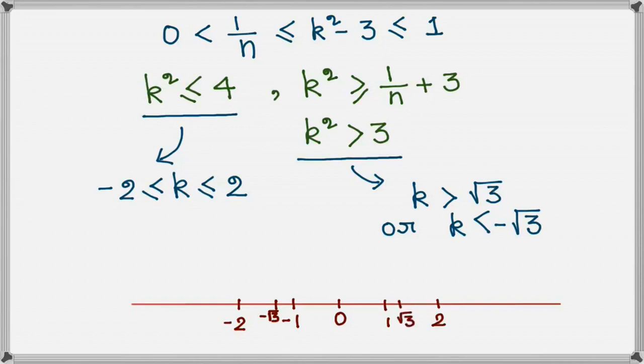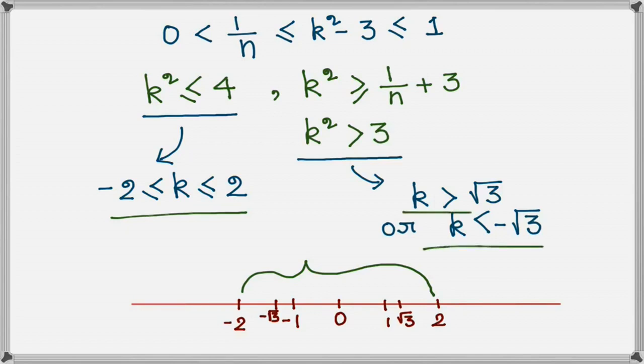So we now know that k from the first condition lies in this region, and from the second condition, that is this one, we get that k lies either in this region or in this region.